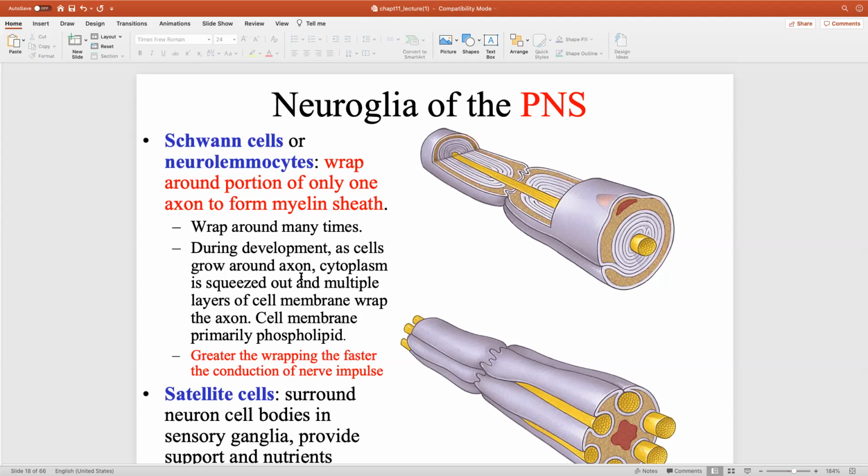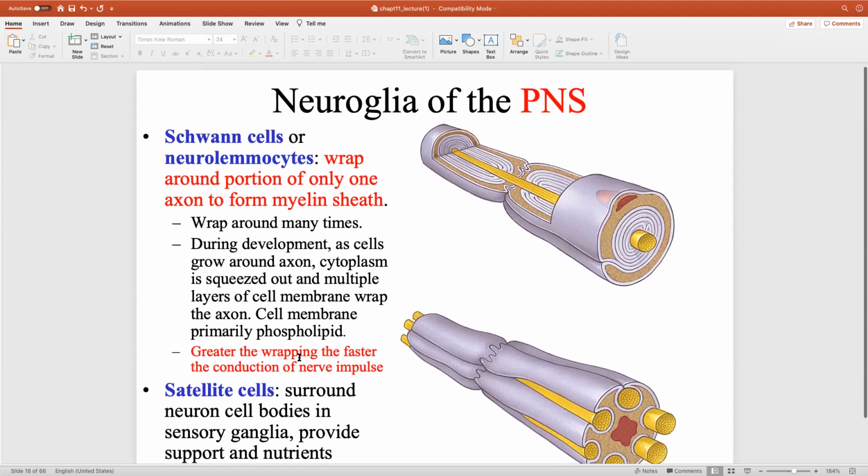During development, as cells grow around the axon, cytoplasm is squeezed out and multiple layers of cell membrane wrap around the axon, and then the cytoplasm, right, is seen at the most external region right here. Cell membrane is primarily phospholipids, and the greater the wrapping, the faster the speed of conduction of an action potential.